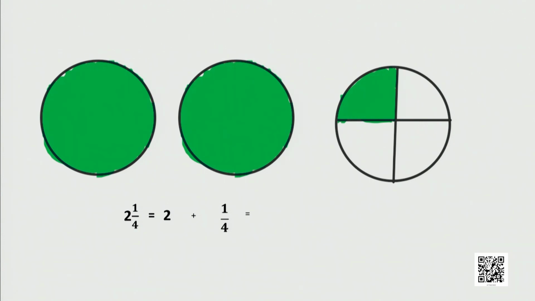So I can write this 2 as 1 plus 1 for each shaded circle, plus a quarter, which is the shaded quarter of a circle. Now I want to represent each shaded circle by dividing it into 4 equal parts so that we get a simpler fraction.